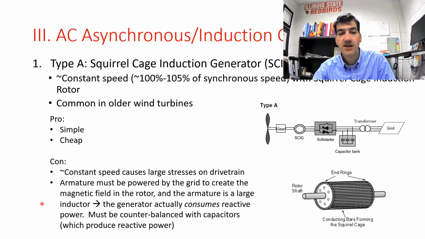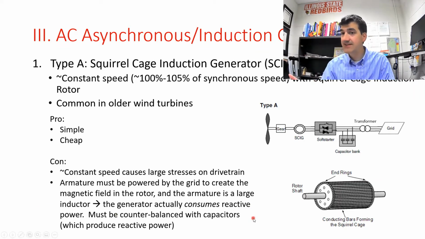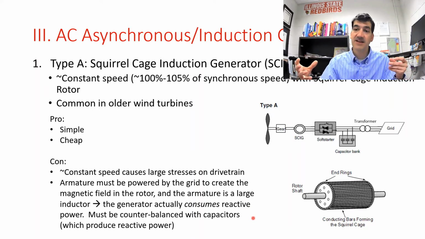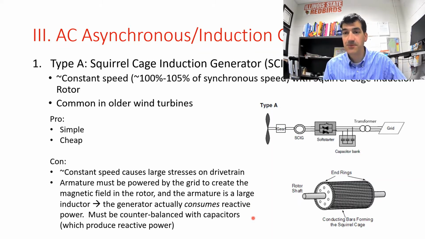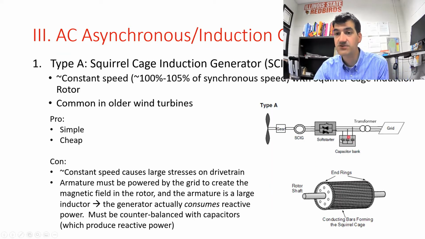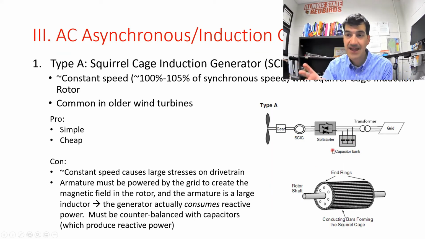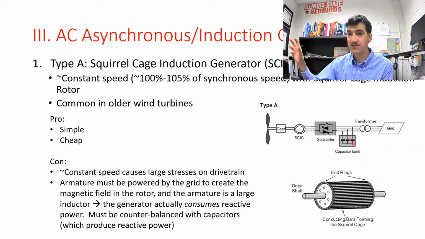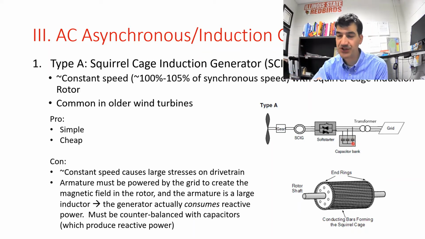So what do you have to do? Well, what you have to do is counteract those inductors, because a coil of wire is an inductor. So to counterbalance an inductor, what you have to do is apply capacitors. Capacitors do the exact opposite things that inductors do. So for this design, you need to have capacitors either right there locally at the wind turbine, or sometimes you'll just have a big bank of capacitors at the substation instead of locally at the turbine.